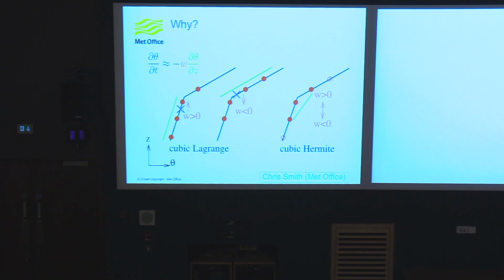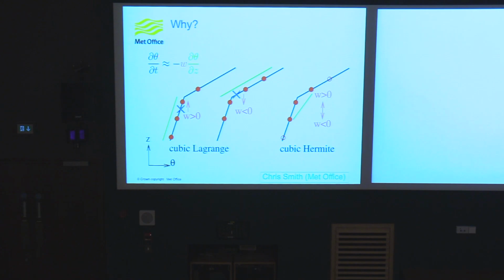What's happening is that when the vertical velocity is positive, the departure point for this point near the tropical tropopause is here, and the stencil that we use to compute that is these 3 points. In particular, that means that these 3 points are determining the gradient of potential temperature as we move it up and down.